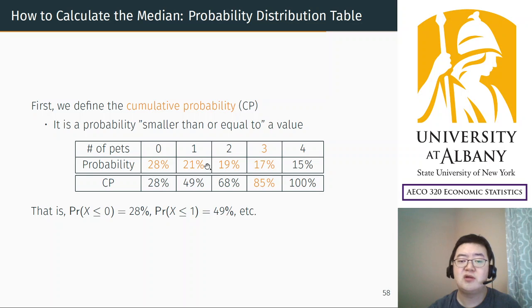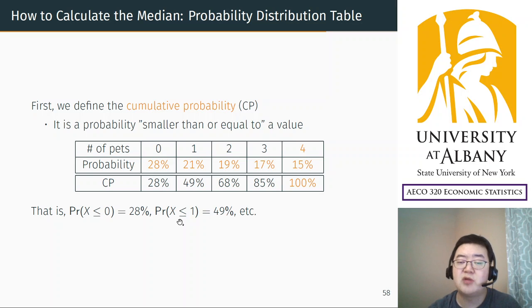And you can keep going. When you choose 3, the probability smaller than or equal to 3 is 85%. And for 4, because 4 is the maximum in this data, all the observations are smaller than or equal to 4, so it's 100%. Mathematically, you may write it this way. Probability x smaller than or equal to 0 equals 28%.